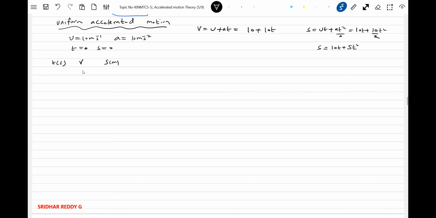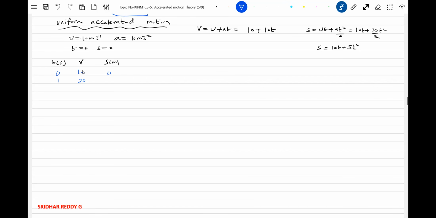So at t equals 0, it was at origin. What is the initial velocity of the object? The initial velocity of the object is 10. So let's enter all the data here. At t equals 0, the initial velocity of the particle is 10 and it was at origin. At t equal to 1 second, it will be 20.